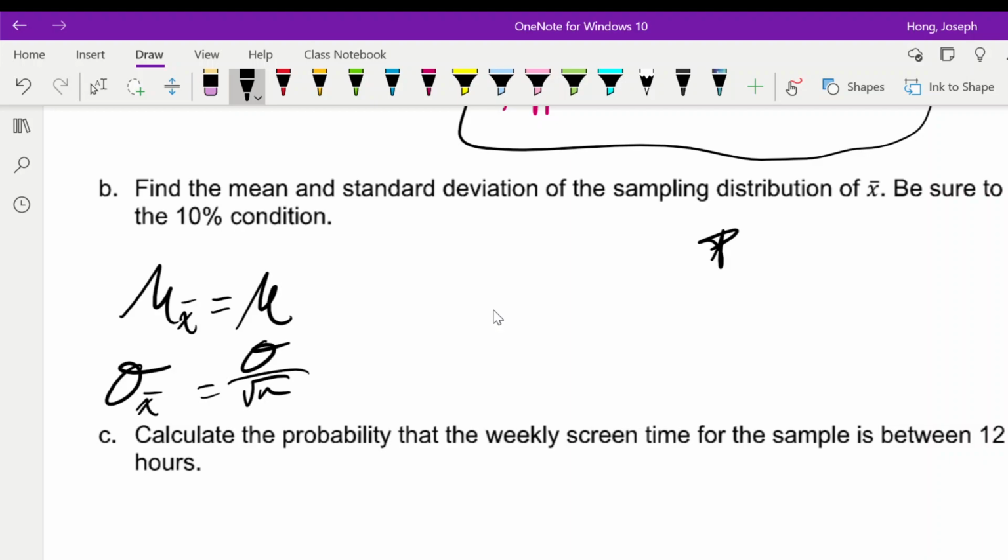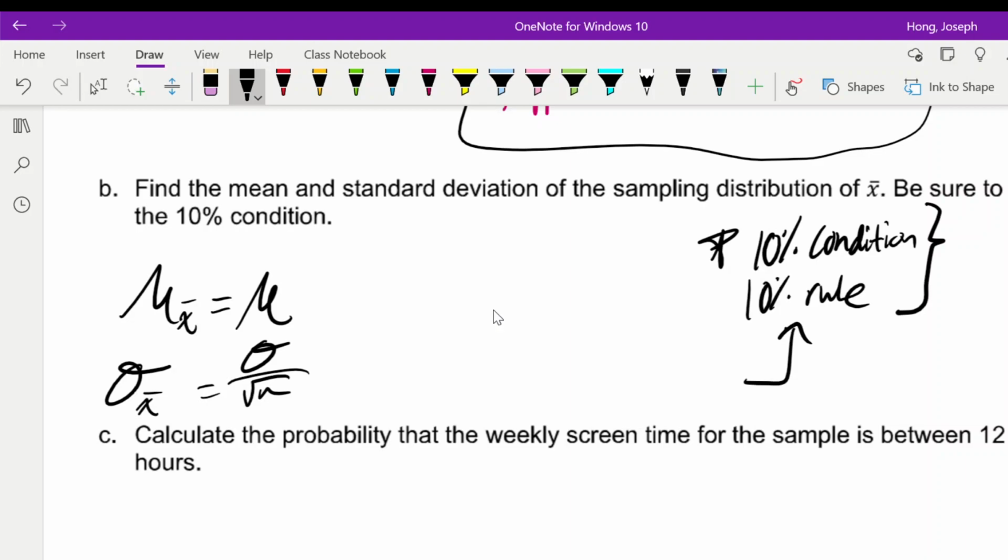Also note that we can use the 10% condition, or the 10% rule that we like to say in my class. And there's something that you can assume here to help you out. Just know that this is Evan Rich's question every single time. So what can you assume with the 10% condition?